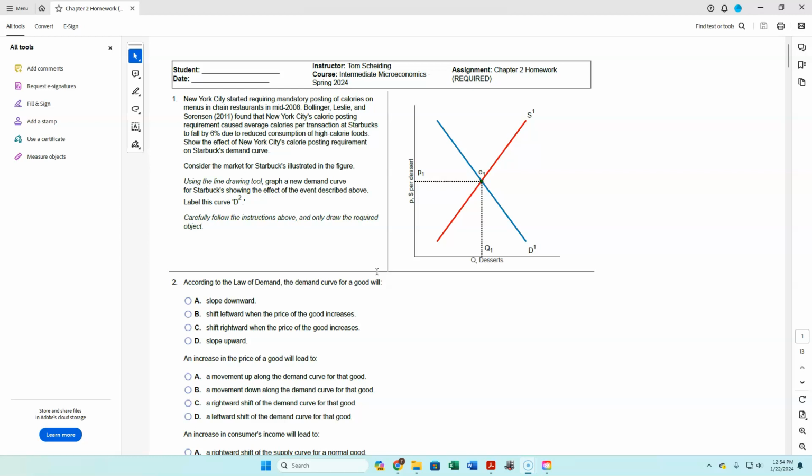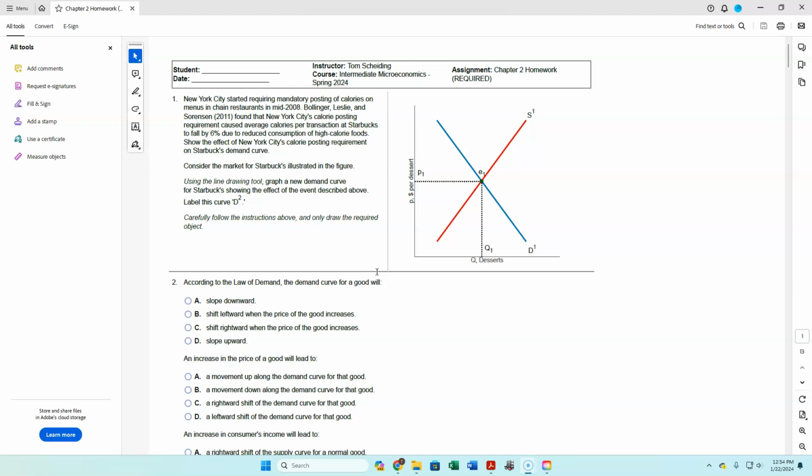I've been debating this in my head for about the last week before making this video, and I've decided to do a hybrid method here. I'm going to talk about each of the questions in the homework, but I'm going to try to refrain from explicitly saying the answer. Rather, I want to give enough detail to you so that solving the homework isn't as challenging and frustrating as it otherwise would be.